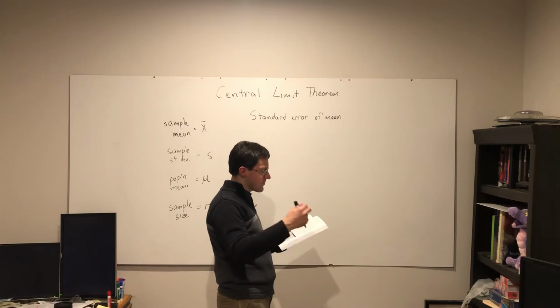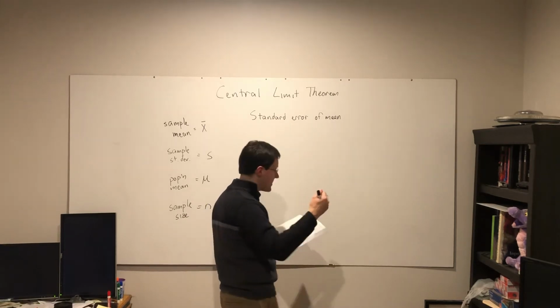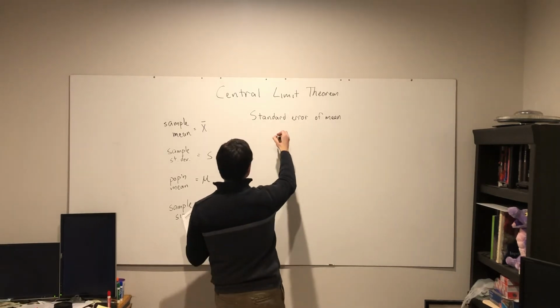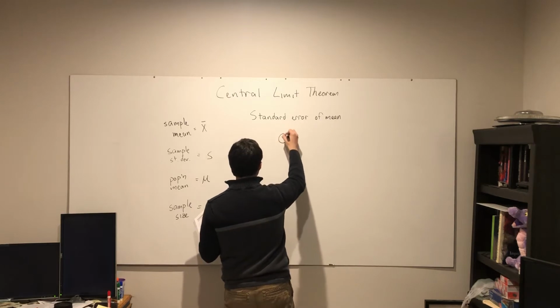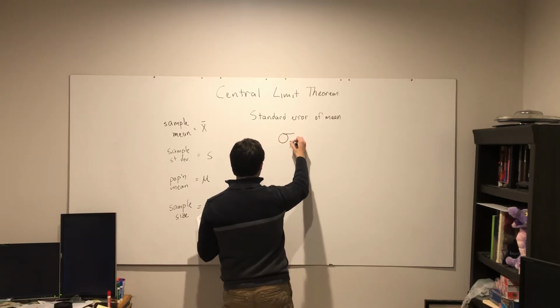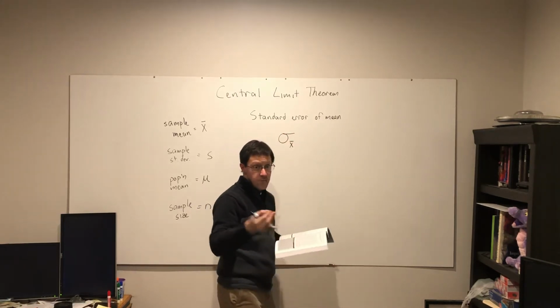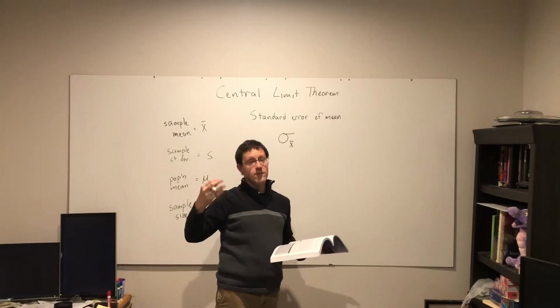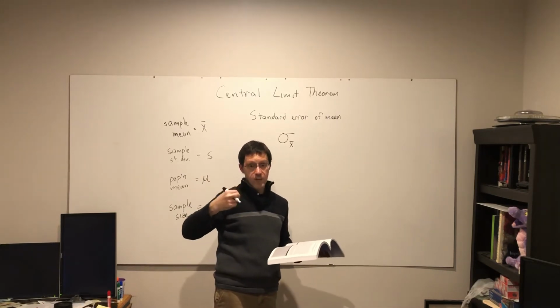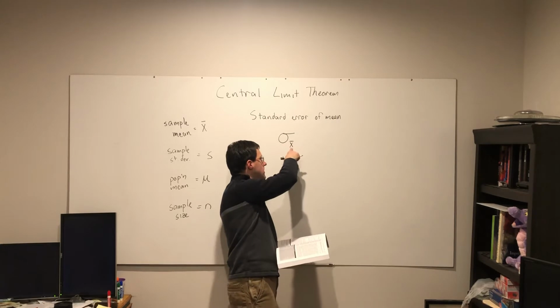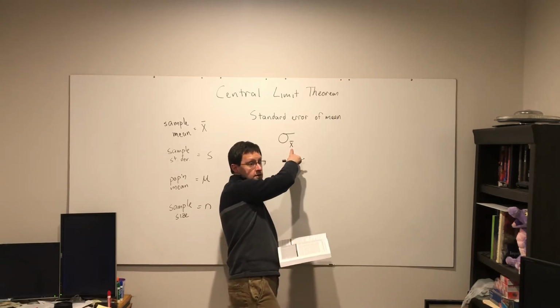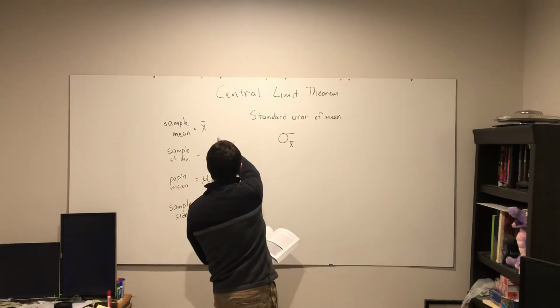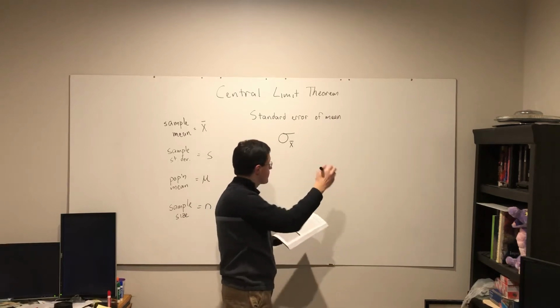So this standard error of the mean is notated again, kind of borrowing off of the standard deviation of the population with that lowercase sigma, but with the sample mean subscript.